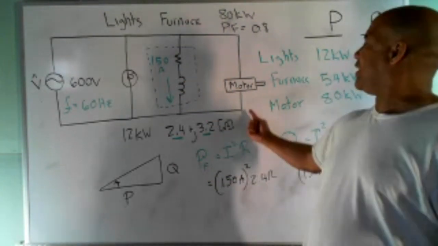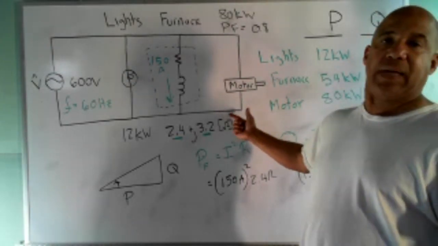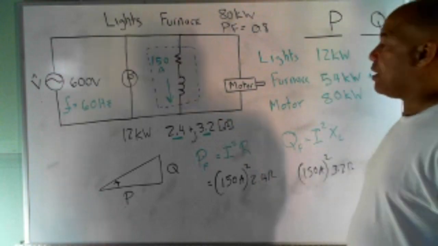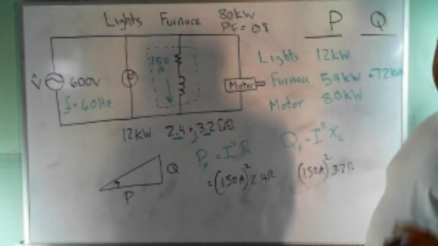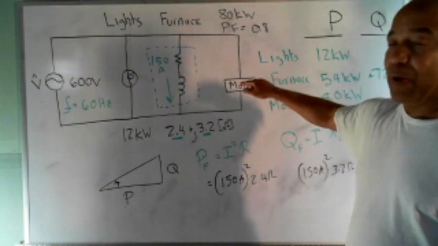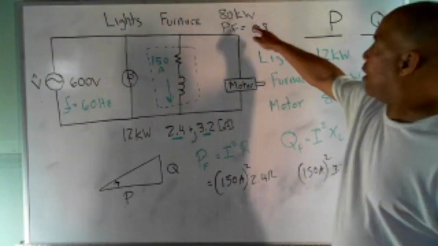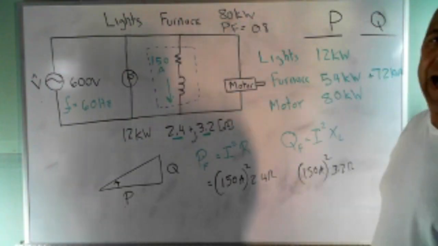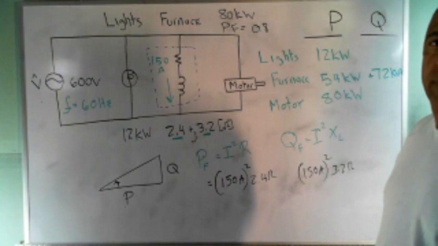So we know there's an inductive element in the motor, but how do I figure out how many vars it's using? I don't have a way of getting to that. Well, it turns out you do. Here's a little trick you want to do given a motor. You need to find the reactive power in the motor when they give you only the power. You want a power triangle just for the motor.